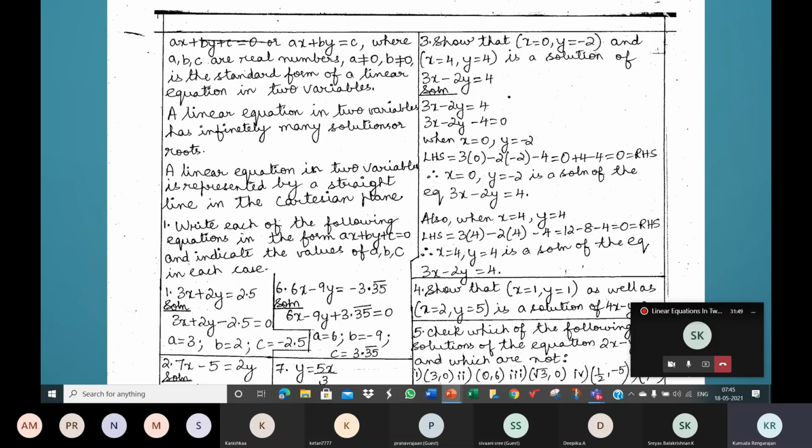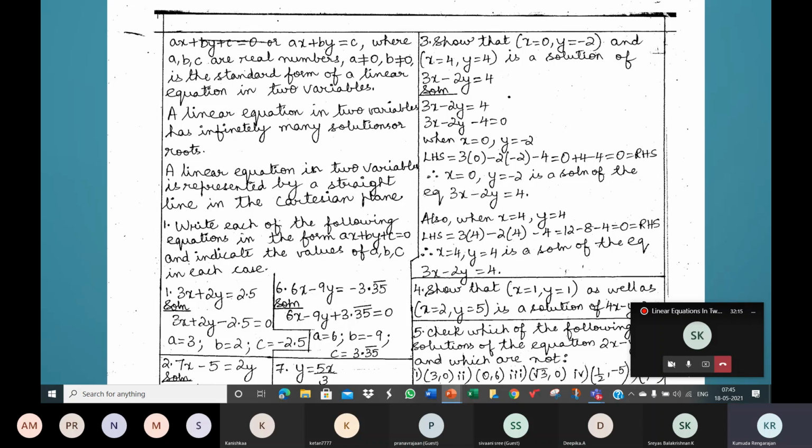Because if both of them are 0, then it will be 0x plus 0y. So if the coefficient of x is 0, the coefficient of y should not be 0, and if the coefficient of y is 0, the coefficient of x should not be 0.